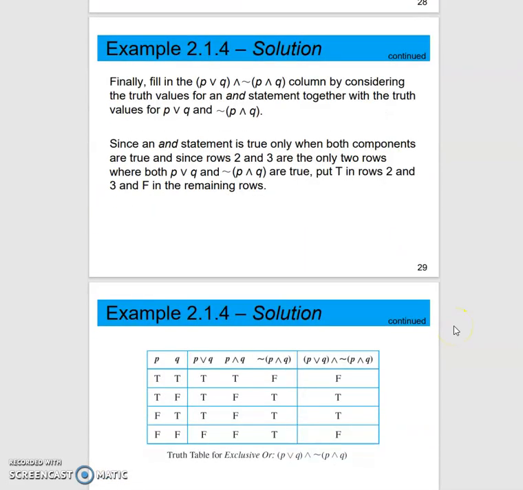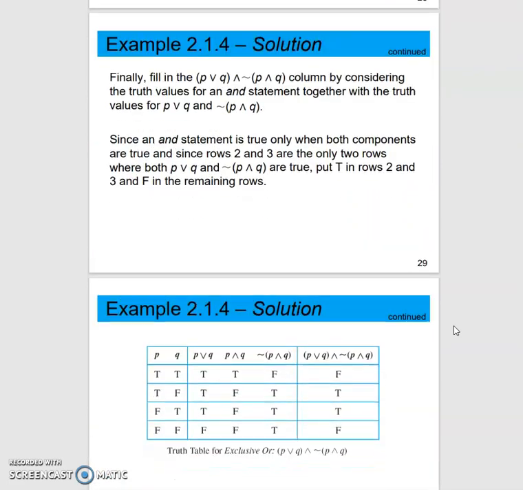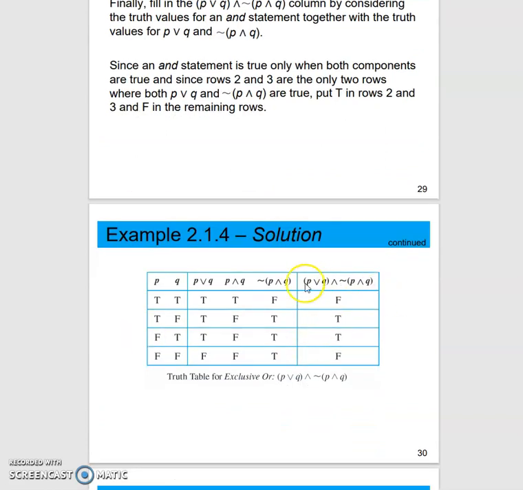So, I am going to scroll past the explanation and go straight to the truth table. Here is our results. Now, generally on tests and homework, you will be given these left columns. And what I'm going to do is slowly build up the other columns I need to get to my results. So you'll notice I've got the P or Q here.